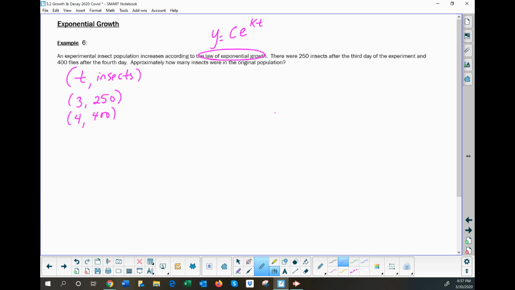Approximately how many insects were in the original population? Well, this would be what I would consider the original population, right? Okay, so how am I going to do this? I don't have a k value, so that's going to be my starting point, as it is often. So I need to find k.